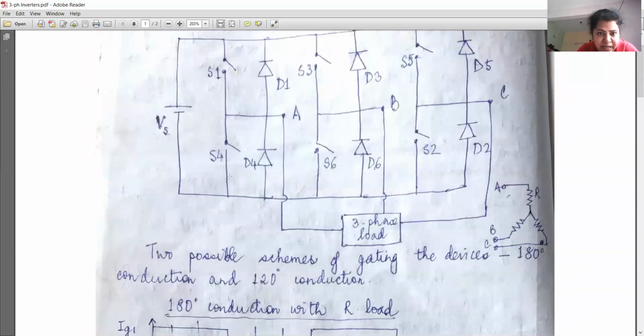Now IG1 and IG4 are in the same leg. Now if IG1 is turning off and IG4 is turning on at the same instant, there may be a short circuit of this leg, and this particular path may be short circuited.